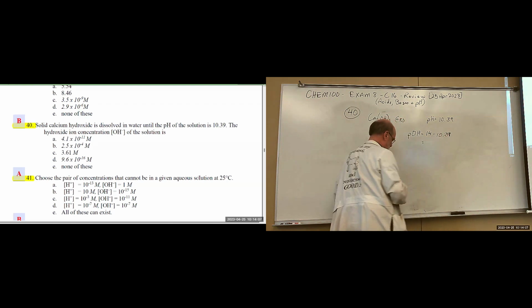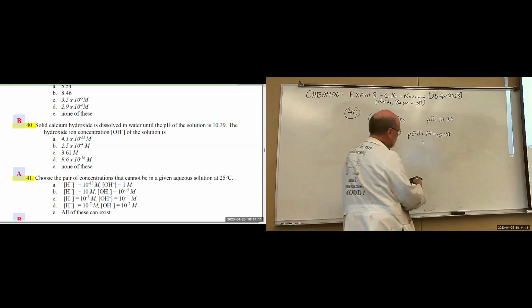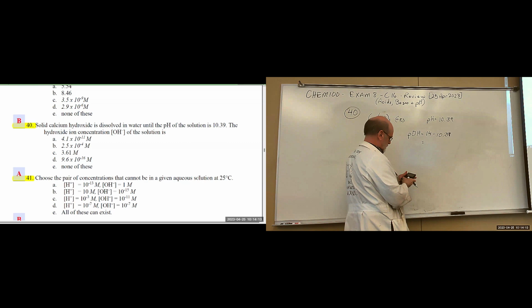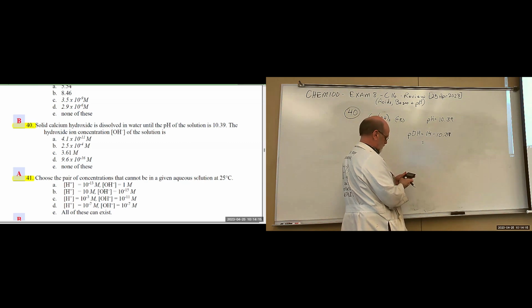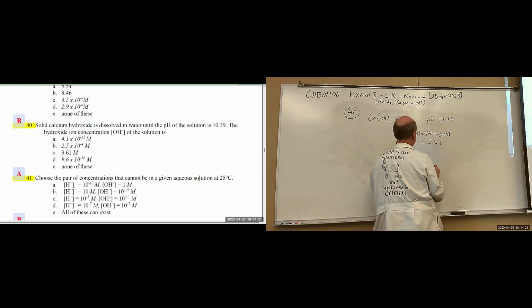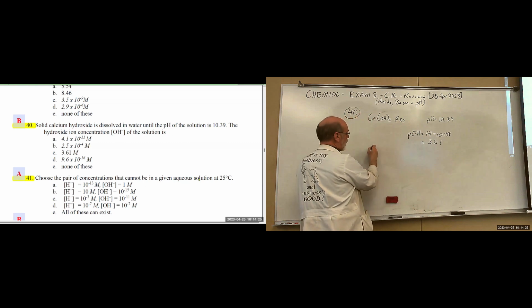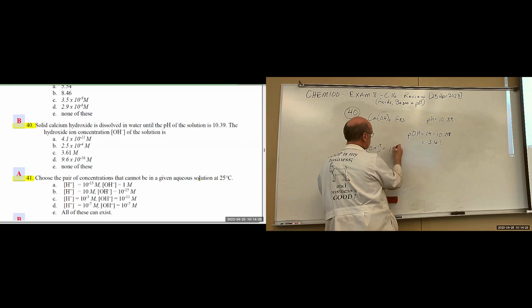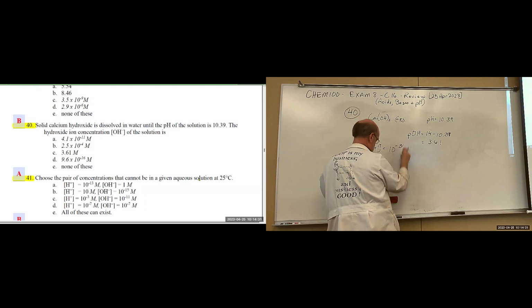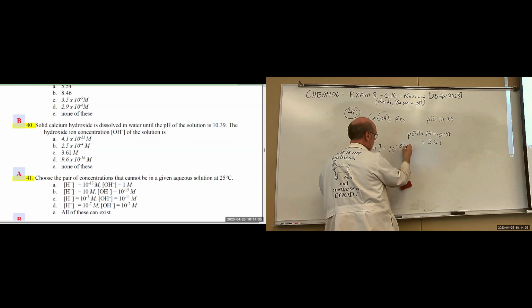Okay. So I'm going to use my calculator because I'm going to need that number later anyway. So let's say 14 minus 10.39 is 3.61. That's pOH. So the OH concentration is equal to 10 to the minus 3.61.